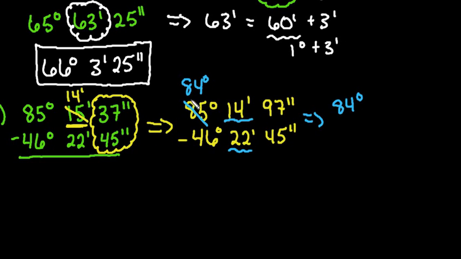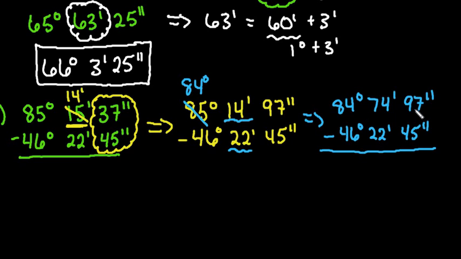I'm going to borrow 1 degree from here. So remember that there are 60 minutes in 1 degree. So I'm going to add 60 to this. So we would end up with 74 minutes, 97 seconds. And then we're going to subtract the 46 degrees, 22 minutes, and 45 seconds.